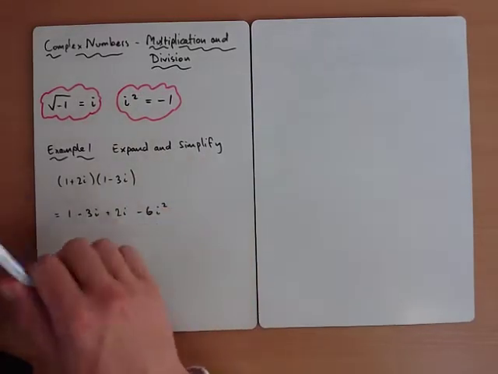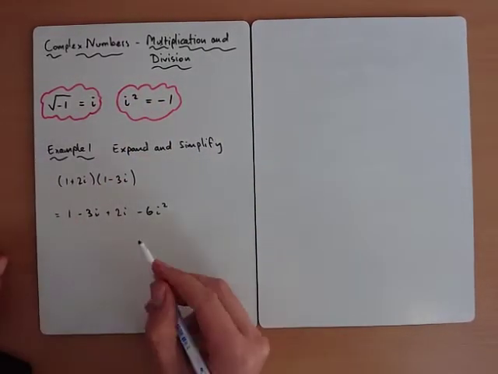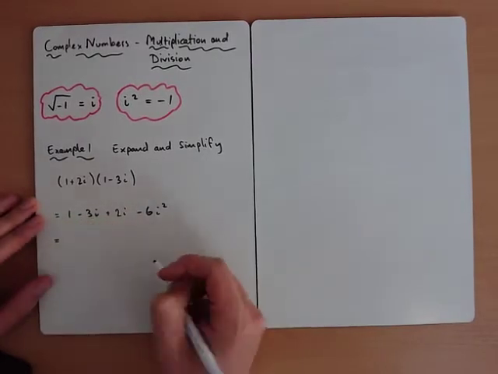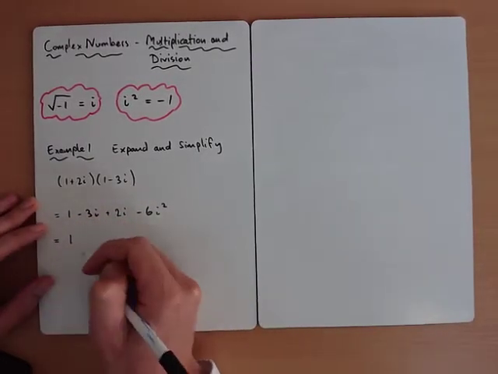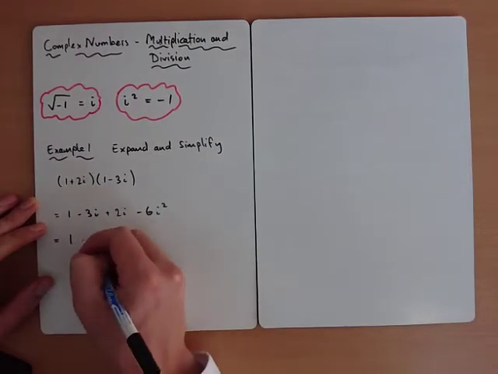It says simplify your solution. And we know that if we get i squared, that's -1. So we can do a little bit more. We've got 1, -3i plus 2i, so that would become -1i.